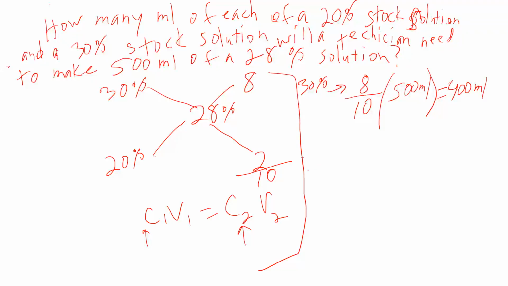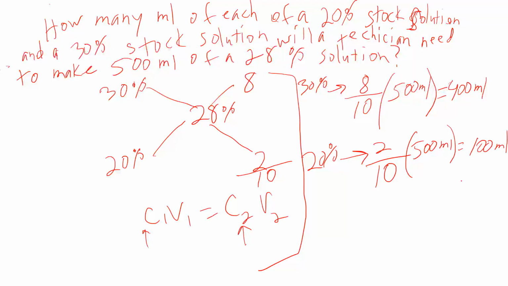Now, if you want the 20%, since it's 2 parts of 20%, you just do 2 over 10, and then multiply by 500 mils, and now you get 100 mils. And you can always check: if you add 400 plus 100, you get 500, and it checks out.